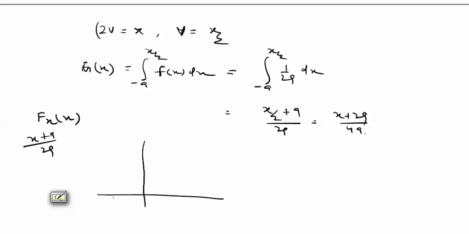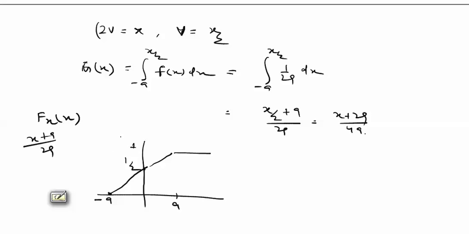I want to draw, I put minus a, then x is 0, I put 0. 1 upon 2a, I put x equals to 0, its value is half, and I put x equals to plus a, its value is completely 1.